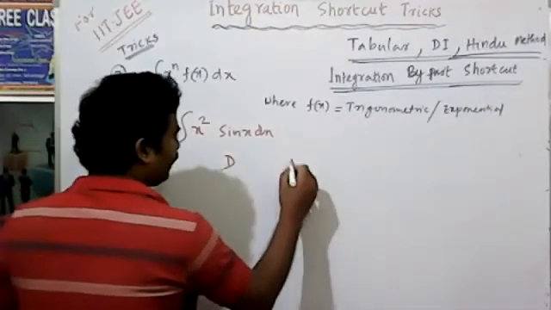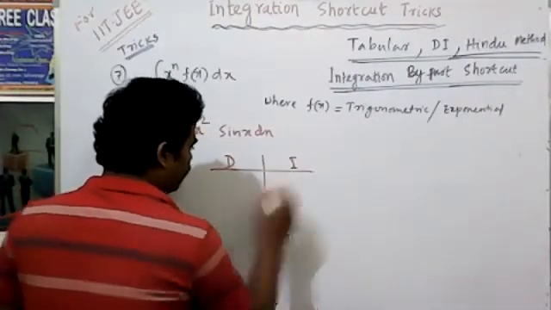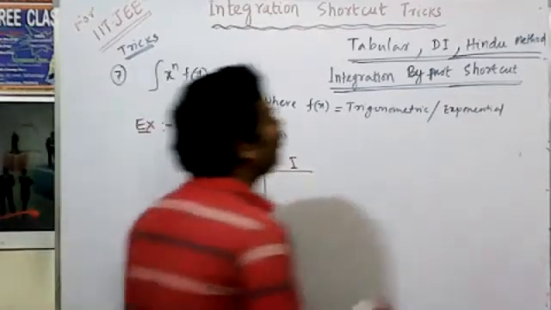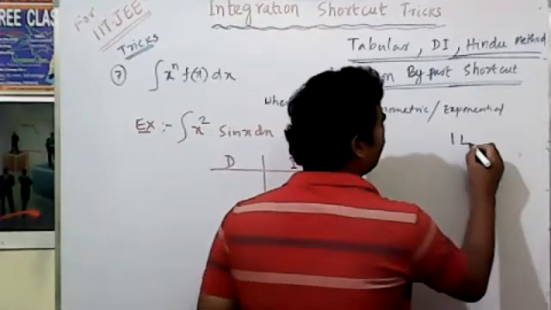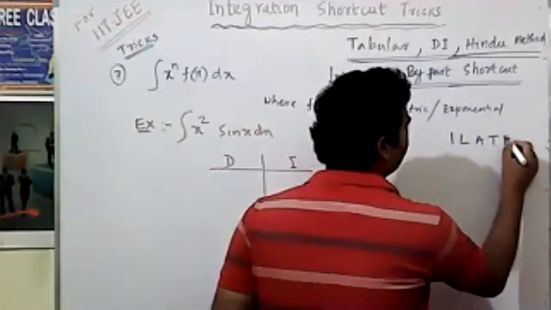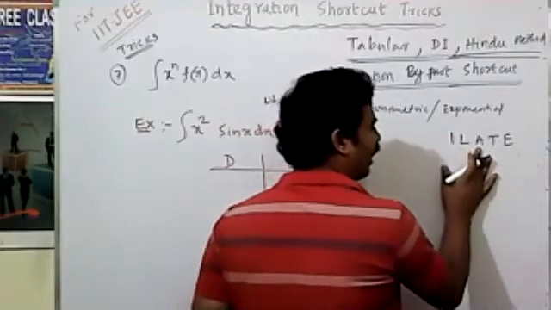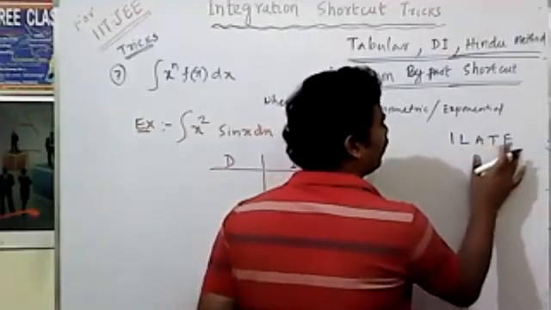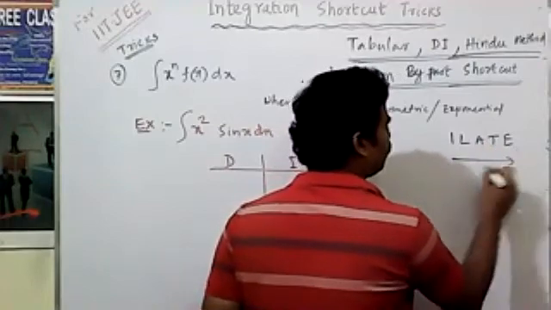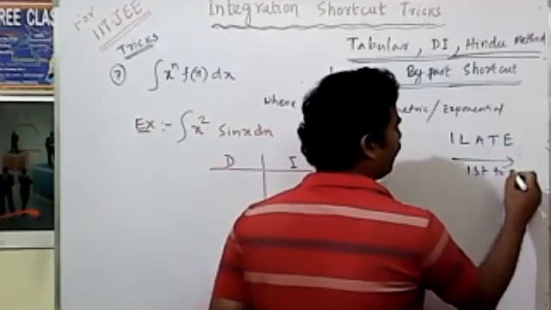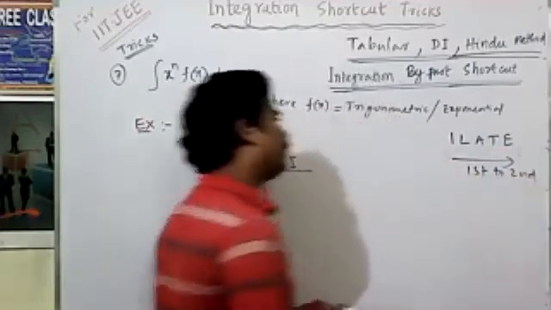D here, this is I. You have to think about the question. Here, you know the ILATE format: I for inverse, L for logarithm, A for algebraic, T for trigonometry, E for exponential. Whichever comes first is the first function and the second is the second function.